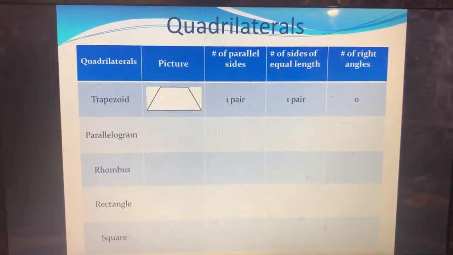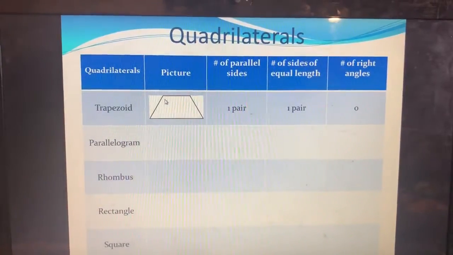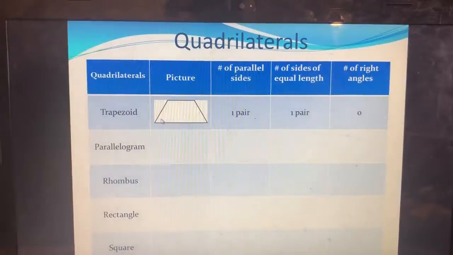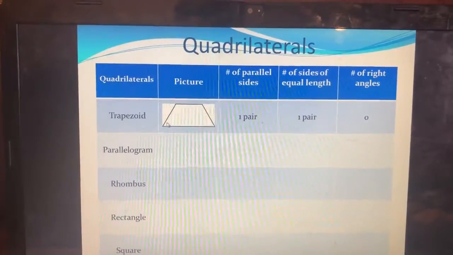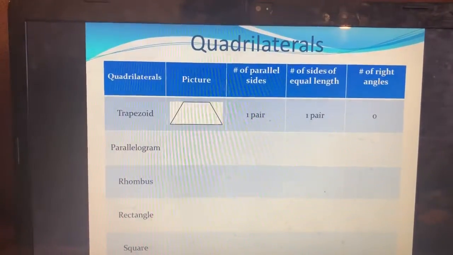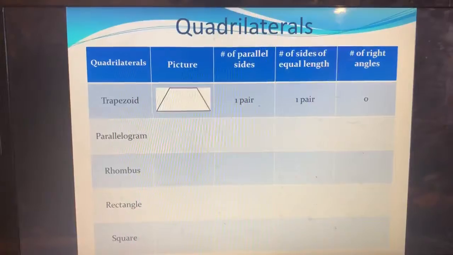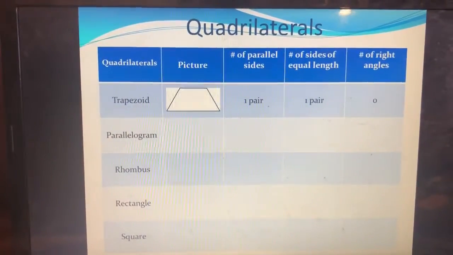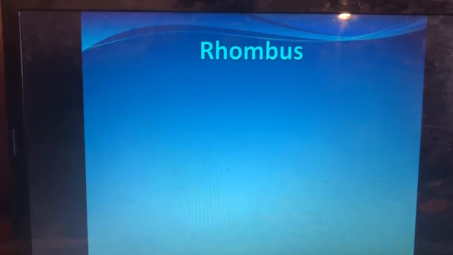And then if we look at the number of right angles, we see that we have 0 because none of the corners have a 90-degree angle giving us the right angles. Okay, I'll give you just a minute to fill out your chart, and then we will go to our next shape, which is the rhombus.